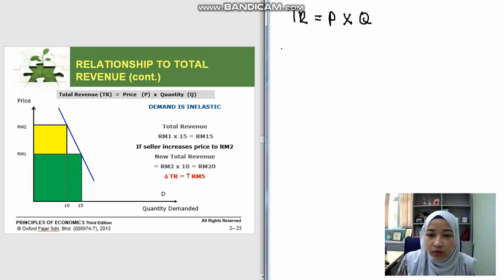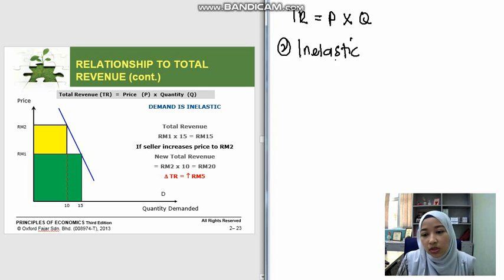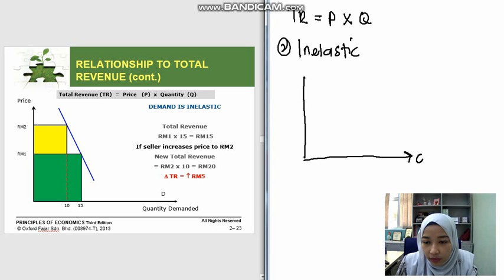If your demand is inelastic, meaning consumers are not responsive towards the change in the price of your product. So for an inelastic demand curve, you have quantity demanded here, and price here. The inelastic demand curve will be a little bit steeper. So this is your demand curve.